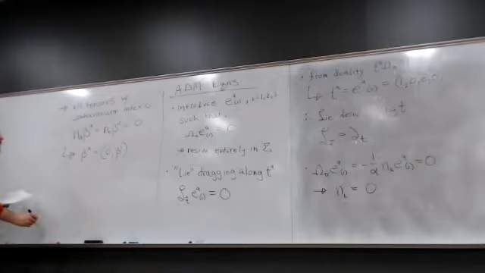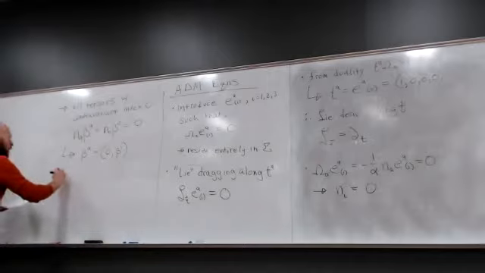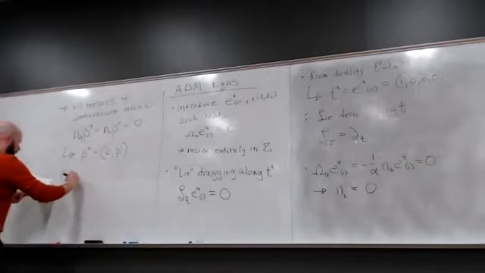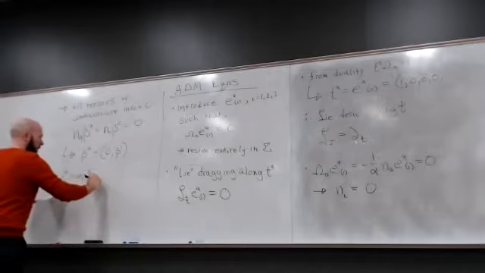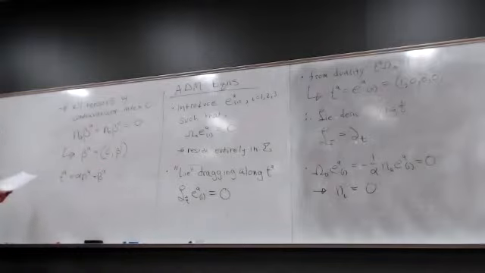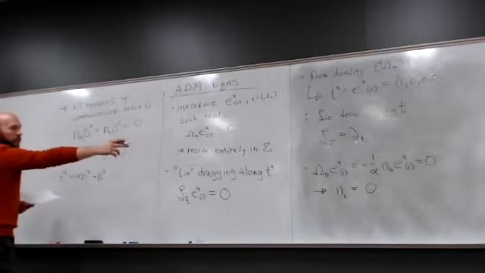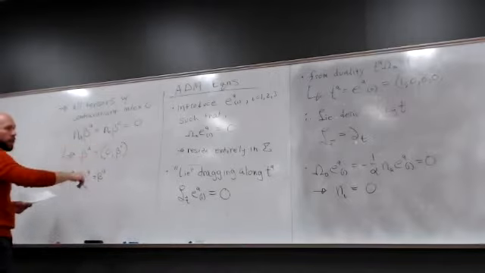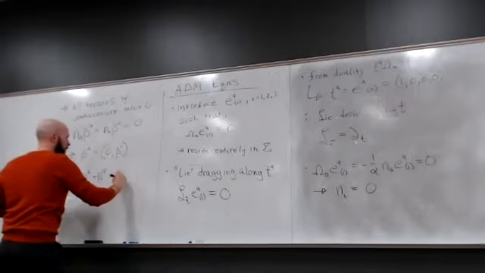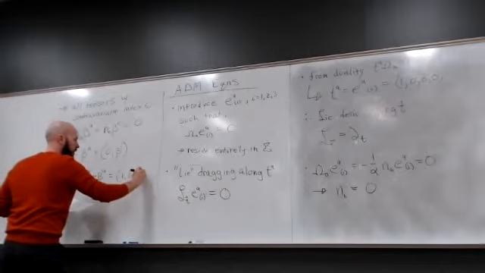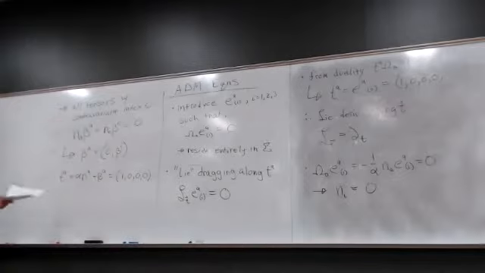Okay. Then from our definition of the time vector, alpha N^A plus beta^A, we can actually figure this out. We already defined what the time vector was over there. We know what its components are, right? Up there. 1, 0, 0, 0. And we figured out what the components of the normal and the shift vector are.